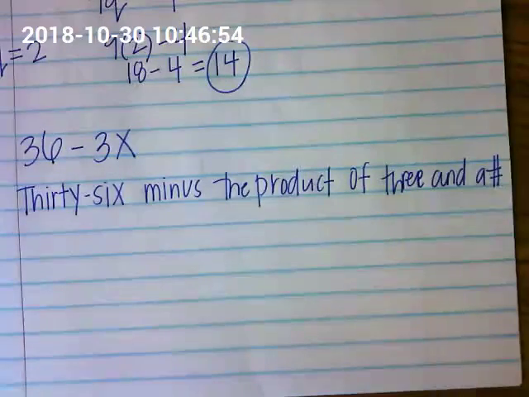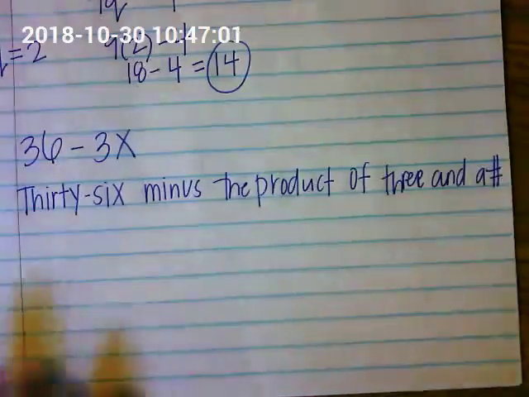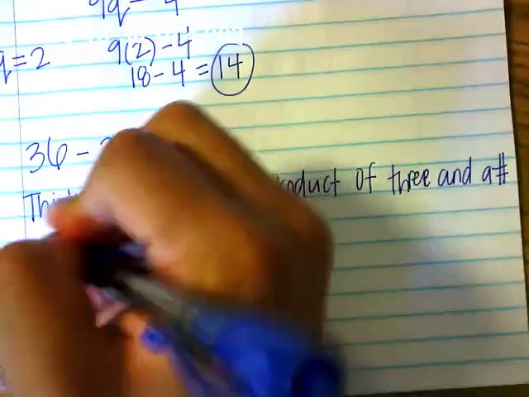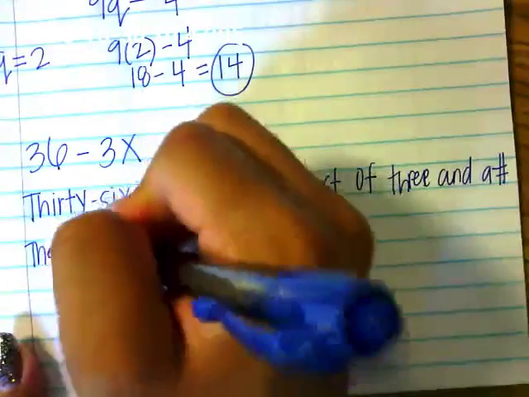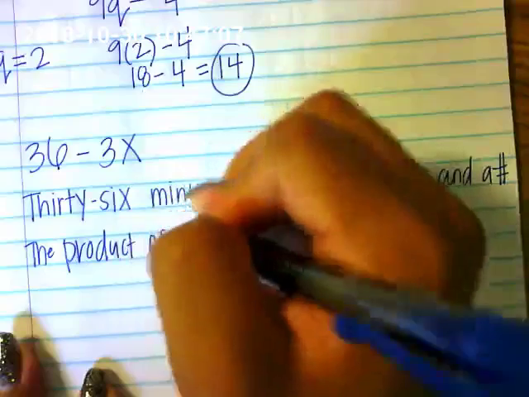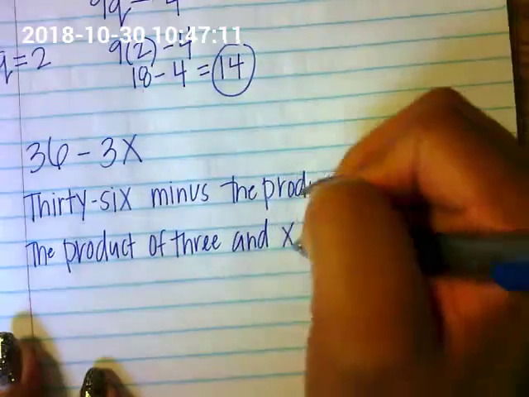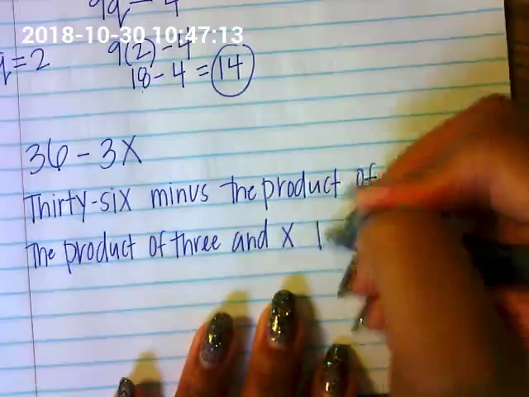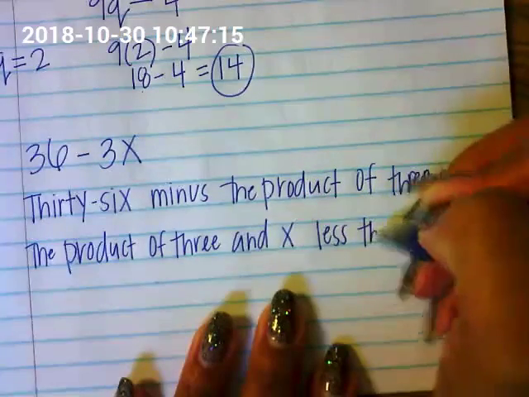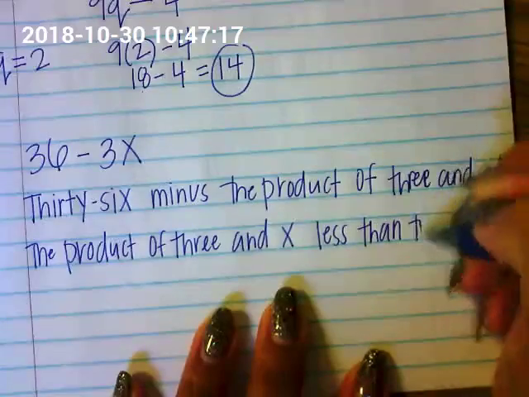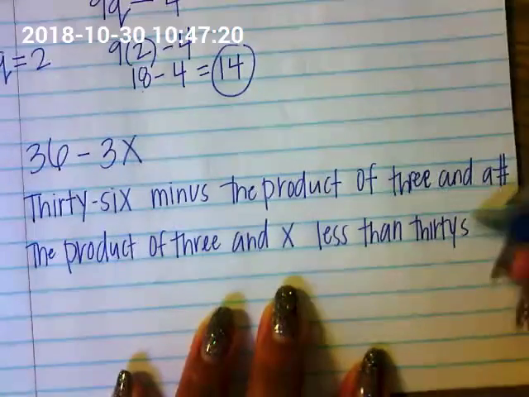That was perfect. Israel? So I put the product of 3 and x less than 36. Okay. The product of 3 and x less than 36.